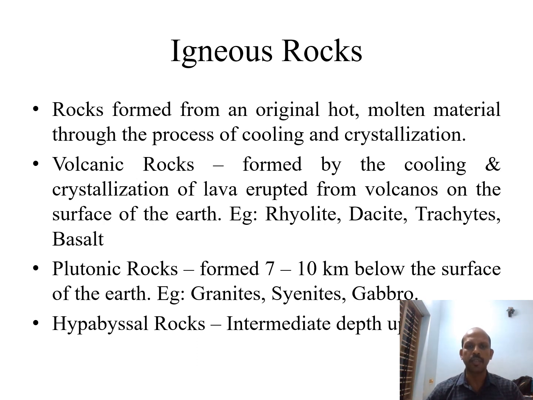Plutonic rocks are formed below the surface of the earth, between 7 to 10 kilometers, where the magma solidifies, and it's known as plutonic rocks. And the last one is hypabyssal rocks. Hypabyssal rocks are rocks which are created in between volcanic and plutonic rocks.